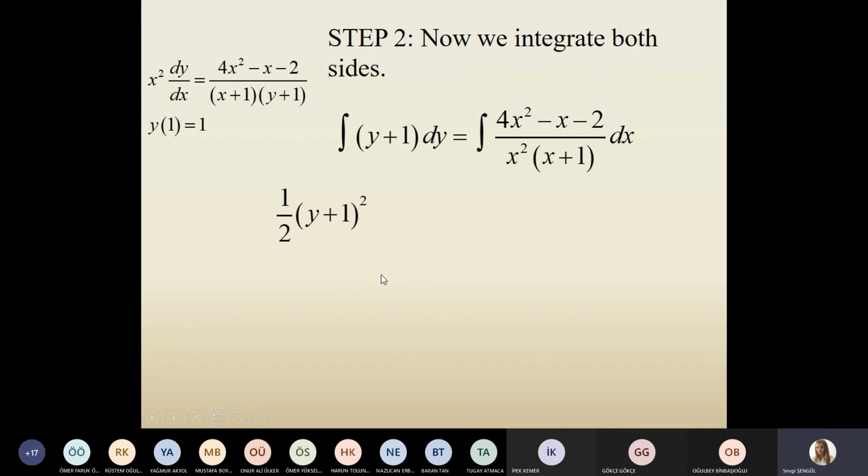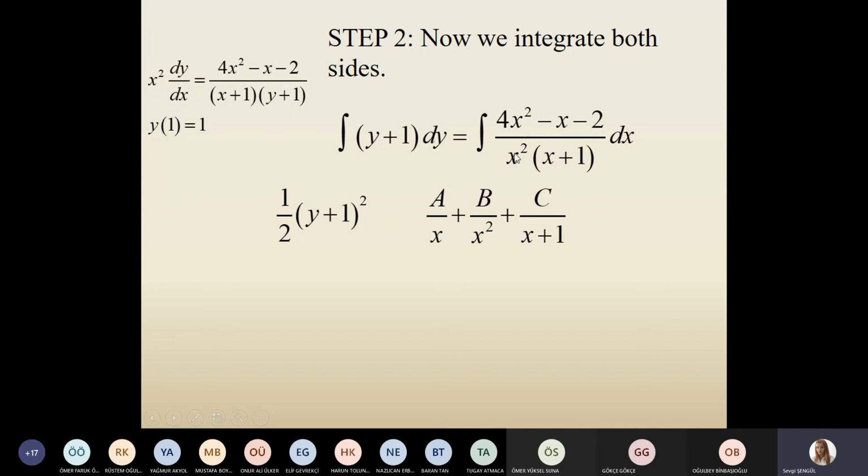And also what you have for the right hand side, you can easily solve this one as a partial fraction decomposition. Remember that, or check, Google it, partial fraction decomposition. You already know how to take the integral for this kind of polynomial functions as it is given as a rational function.